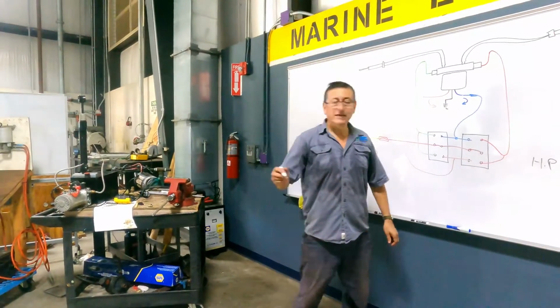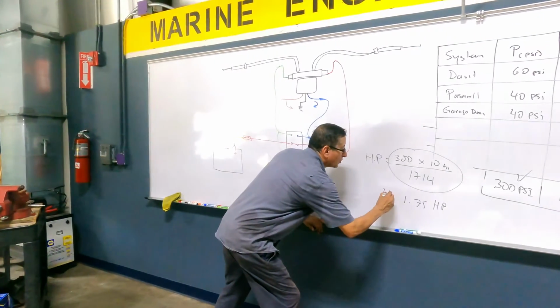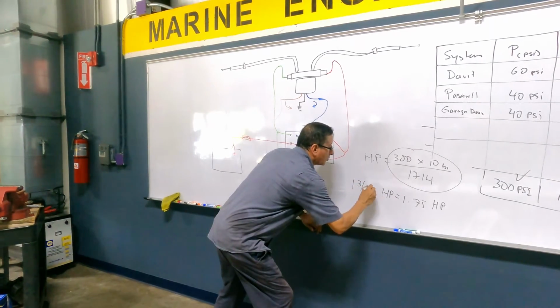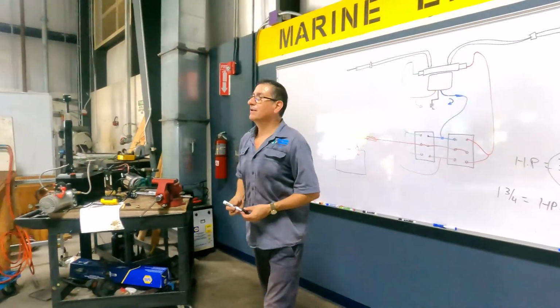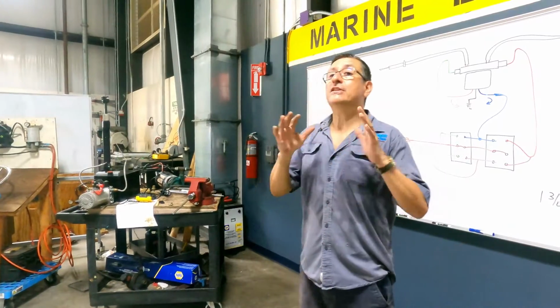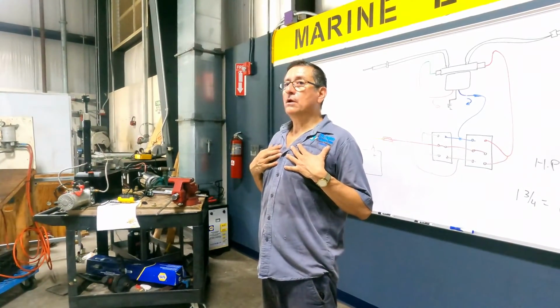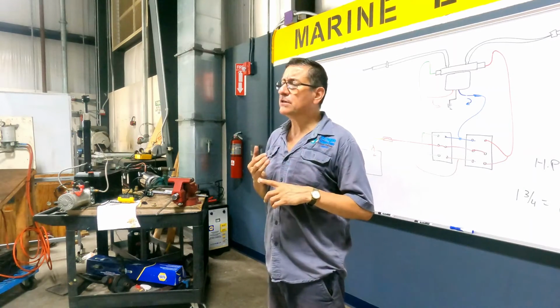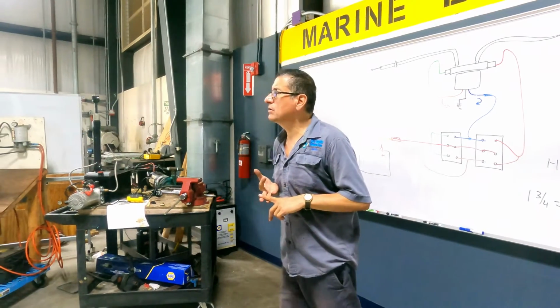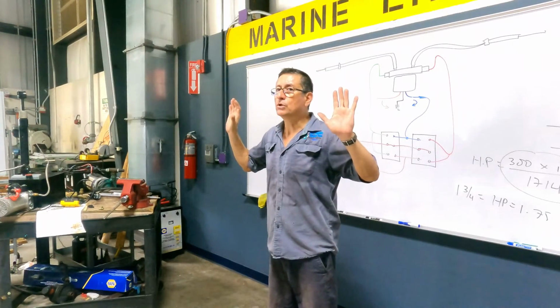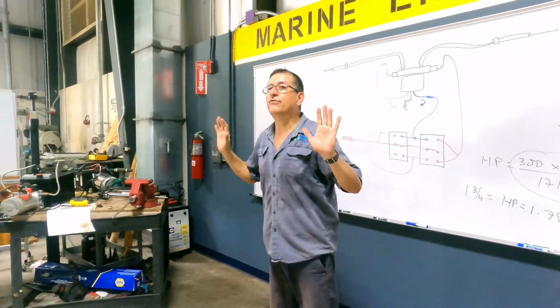In other words, this is a motor of 1 3/4 horsepower. Nice. Okay, and you say, I need a 2 horsepower motor. What is better, single phase, double phase, or 3 phase? 3 phase will be better if I have 3 phase in my boat, or 2 phase if I have 2 phases in my boat.